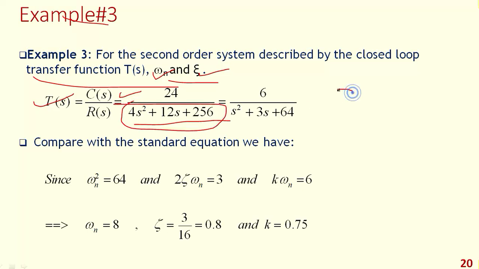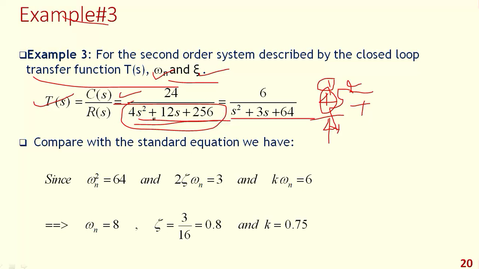Because every second order or quadratic equation must have the s square coefficient equal to 1. So to maintain that, the coefficient here is 4. If we divide by 4, the s square coefficient becomes 1. Hence we consider 4 as the common factor and divide the whole denominator polynomial by 4.